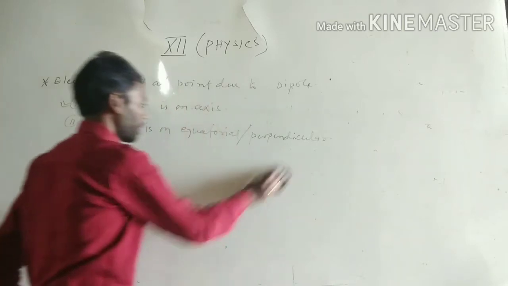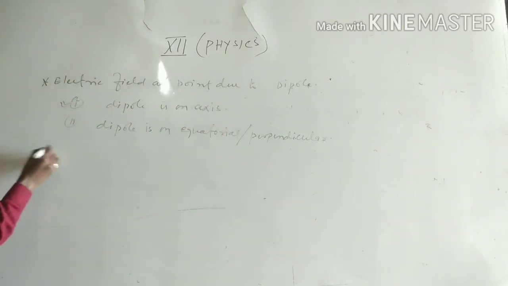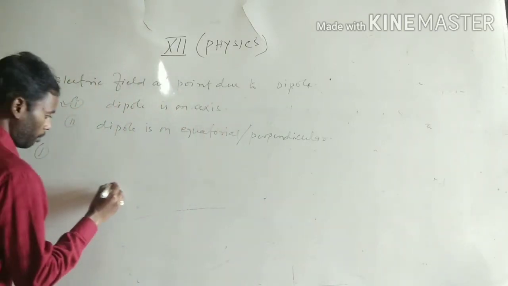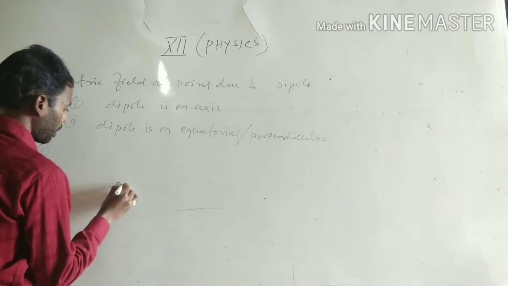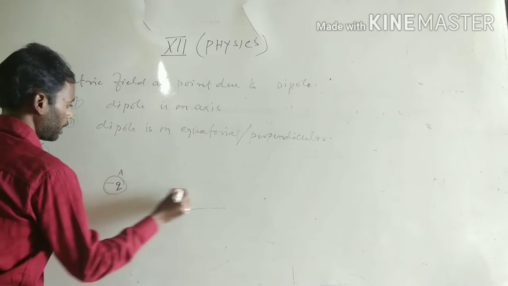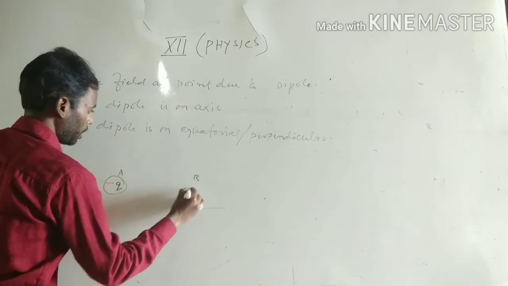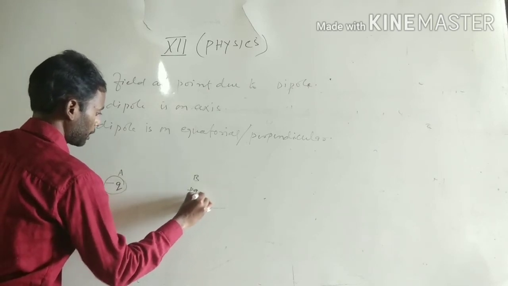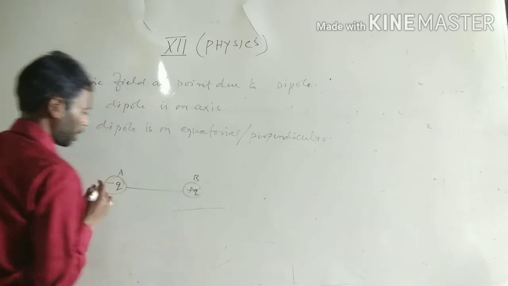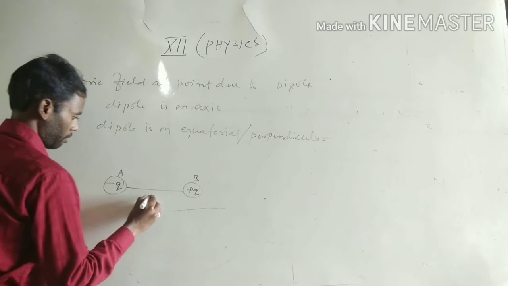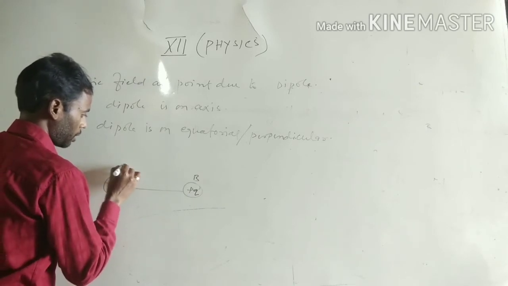In the axial case, we take a dipole, that means a minus q charge at point A and a plus q charge at point B. The distance between them is 2a, since that is the electric dipole.